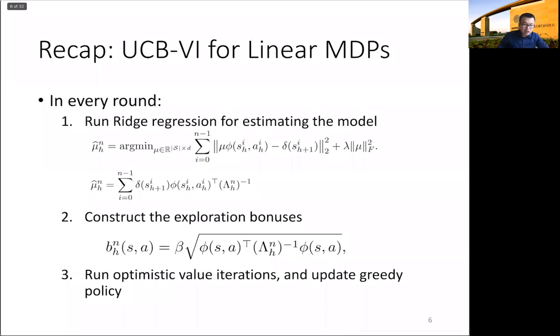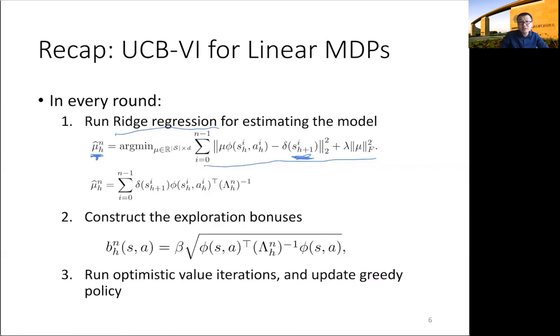Okay, so we talked about this algorithm called the upper confidence bound value iteration algorithm for linear MDPs, which first solves the hypothetical ridge regression problem and gets a sparse estimator of this. Notice that this can be efficiently represented, because the optimal solution of this optimization problem is only supported on those coordinates where you actually observe the state. Therefore, you can use this to efficiently represent the solution.